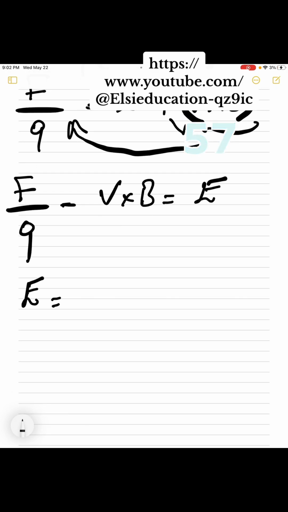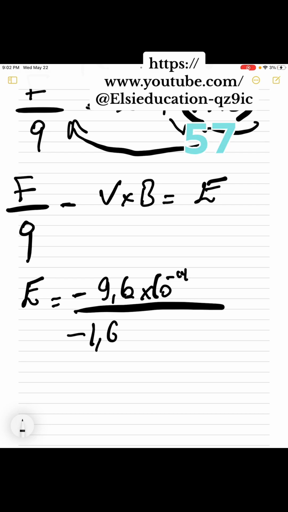So the electric field is equal to minus 9.6 multiplied by 10 to the minus 14 divided by 1.6 multiplied by 10 to the minus 19, minus 5 multiplied by 10 to the power 6 multiplied by 0.1.